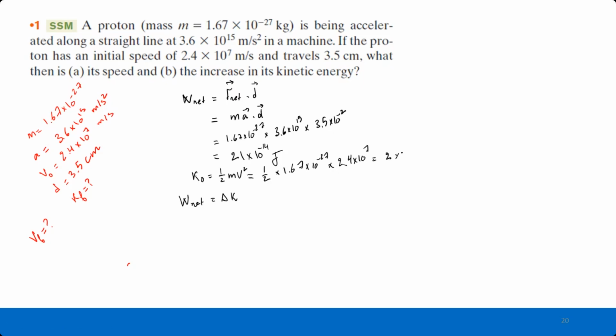Oh, I forgot to square the speed, so let me fix that. So this should be 4.8 times 10 power minus 13.